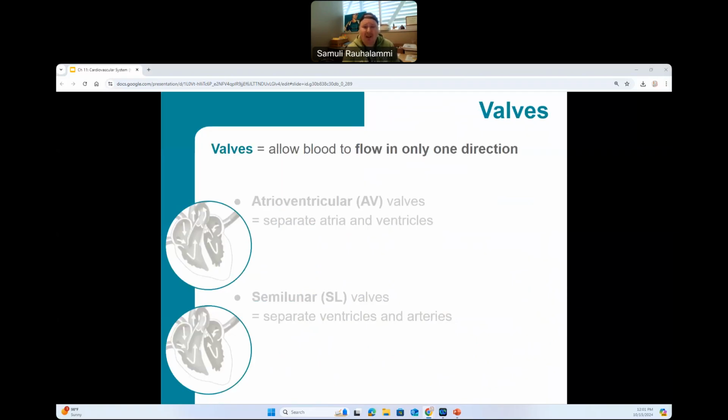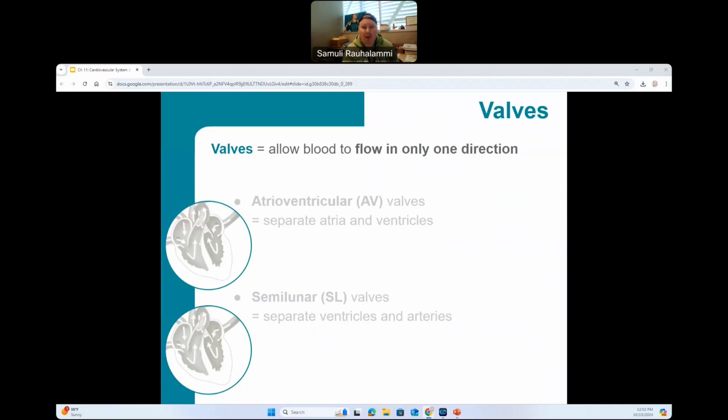In order to prevent the backflow, we want the flow through the heart to be one directional, one way only. Otherwise, if we don't prevent this backflow and blood is flowing in the wrong direction, we end up with really non-productive back and forth pumping of the blood. We want to make sure that the blood goes through the heart and moves in only one direction. That's going to be really important for us.